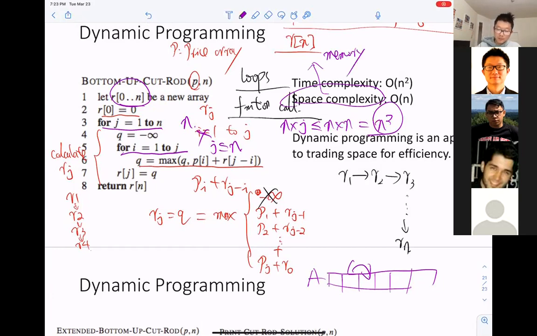We call it the memory overhead. So how much memory overhead is this pseudocode going to ask for? Here we got O(n) space complexity because we're going to create a new array of size n+1. So that's how we got the O(n) space complexity for this algorithm.